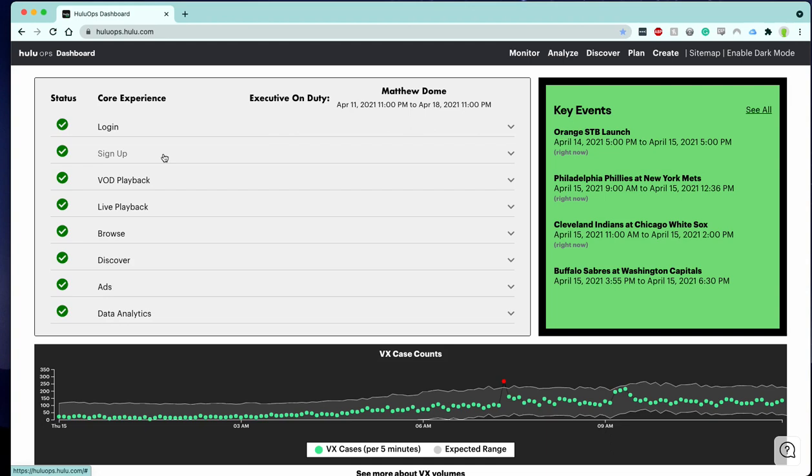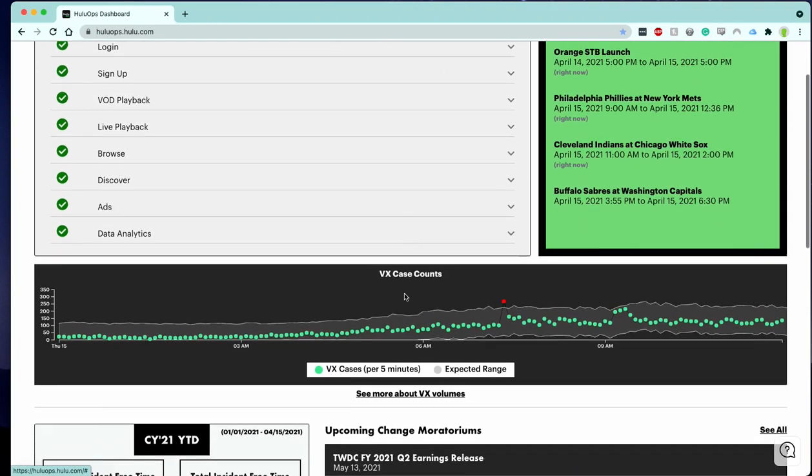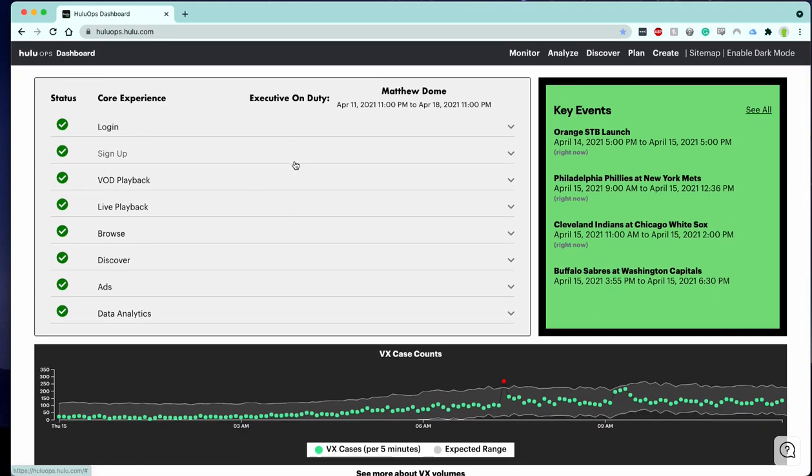So ultimately, this is a good combination of viewer impacting metrics or experiences, along with business metrics or business concerns or experiences. So again, this is data that is formulated and modeled to produce this view in ServiceNow.